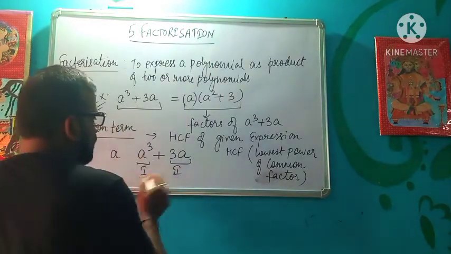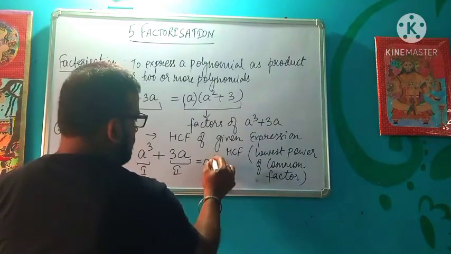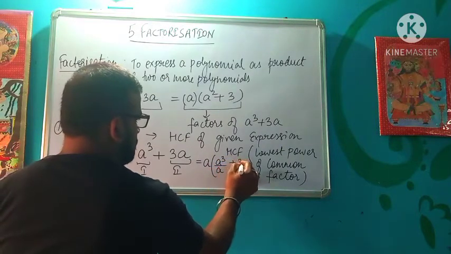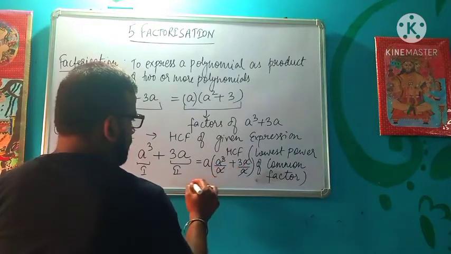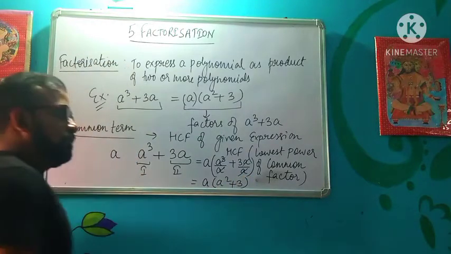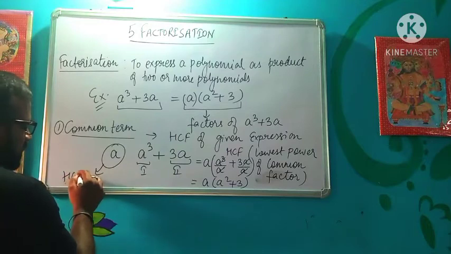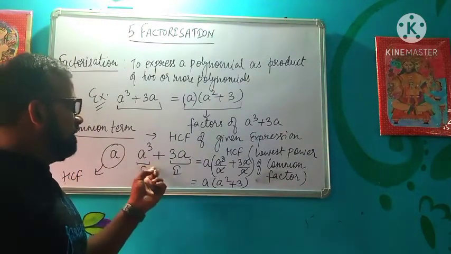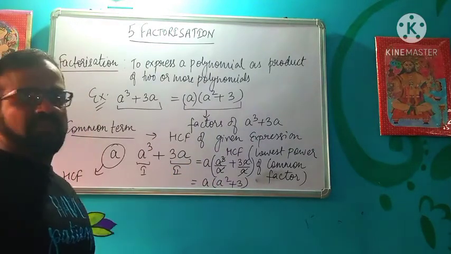Then it will be a times a cube upon a plus 3a upon a. When you solve it, you get a square plus 3. So the HCF was a. If you take out the HCF of the given terms and divide individual terms by that HCF, then you can finally factorize the given expression.